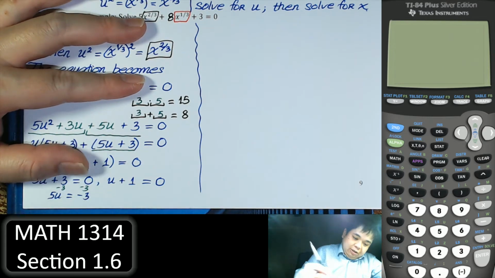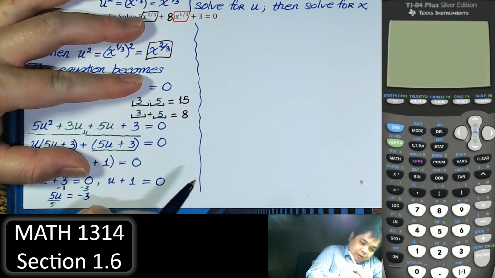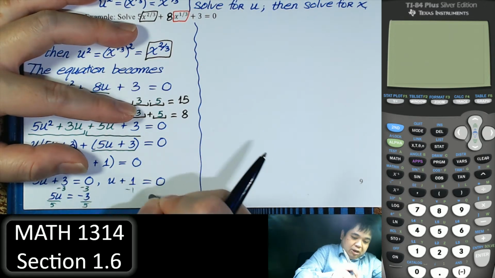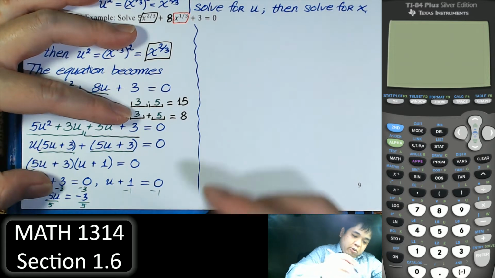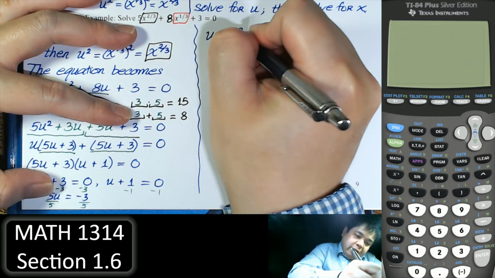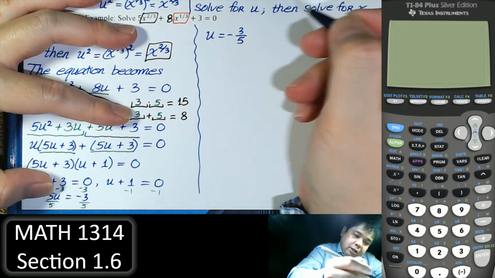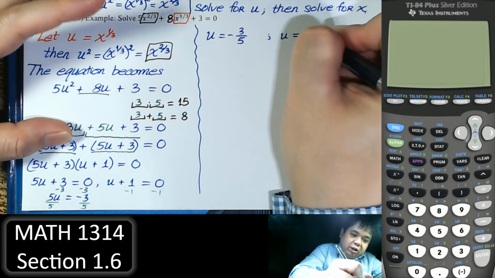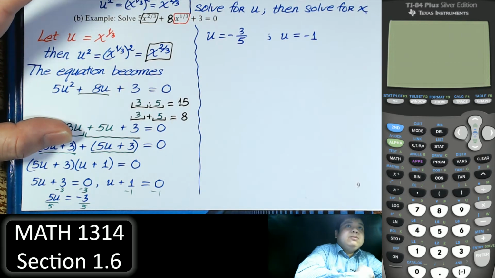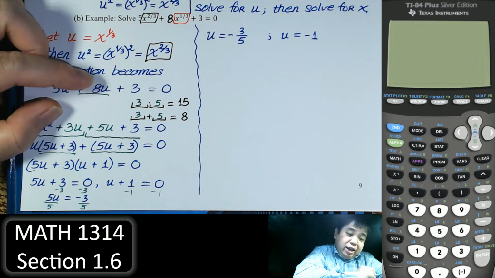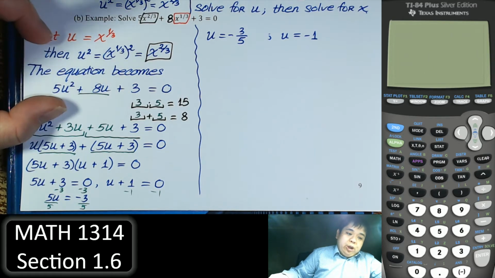So we have u equal to -3/5, or u equal to -1.